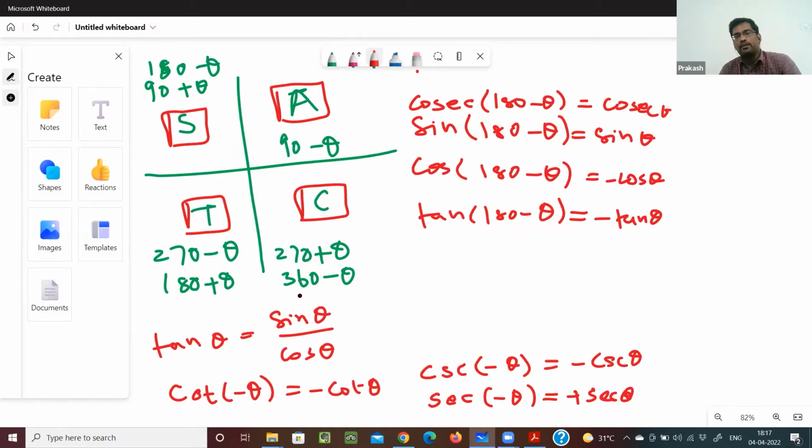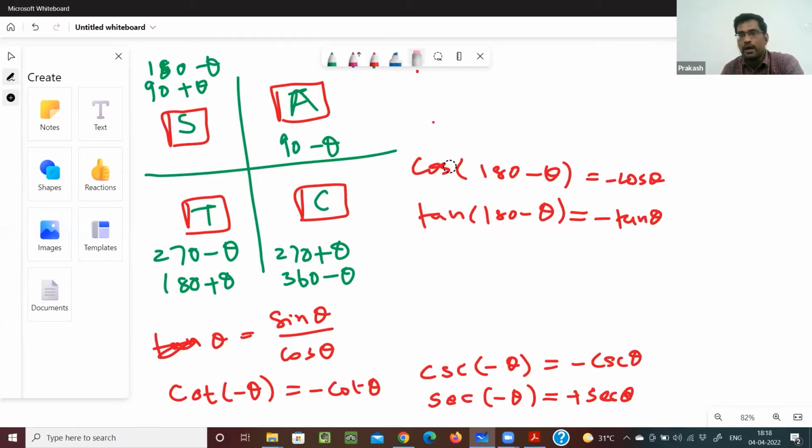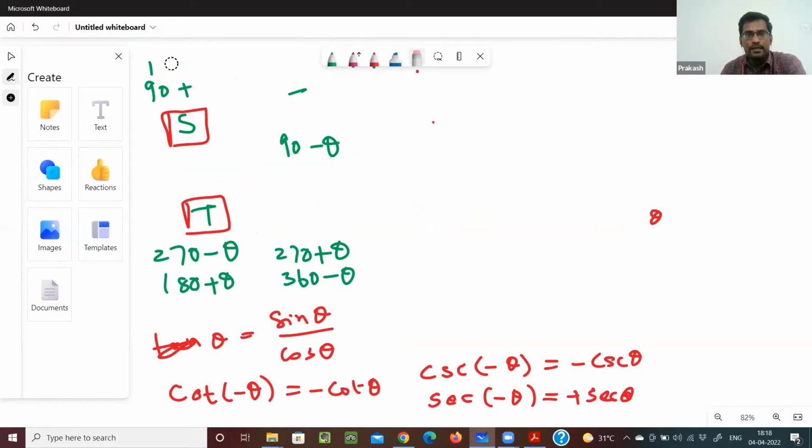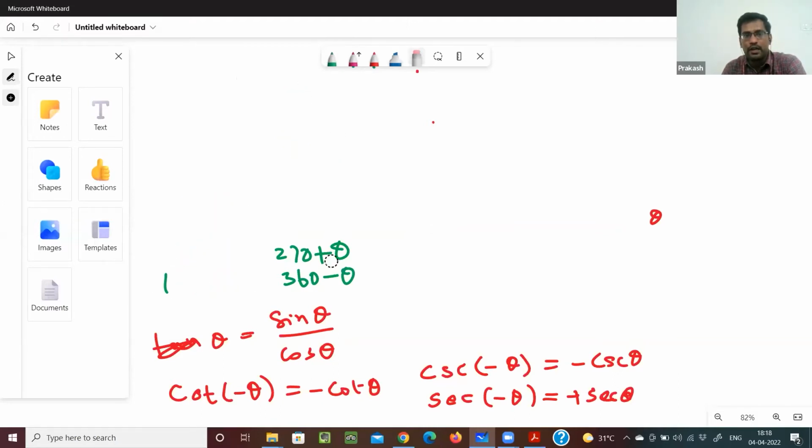Not only this, we have some other trigonometry identities that you also need to know. These things are very simple; you studied them already in 10th and 11th standard. Now I am coming to an important identity: sine of a plus b.